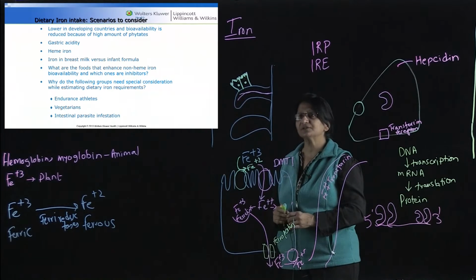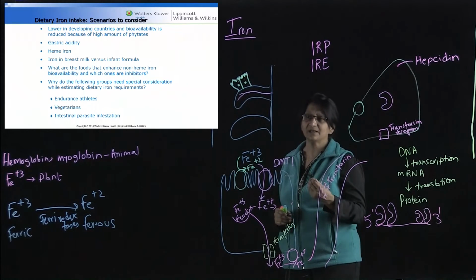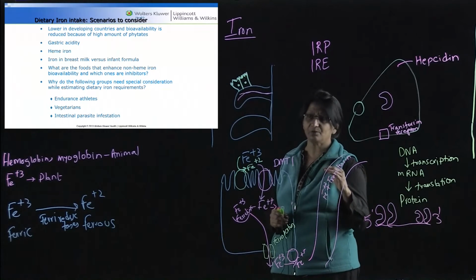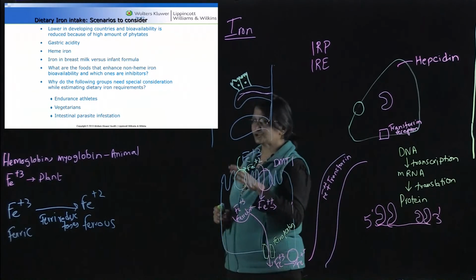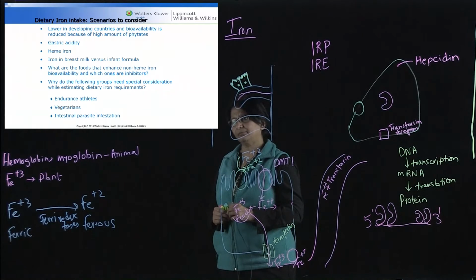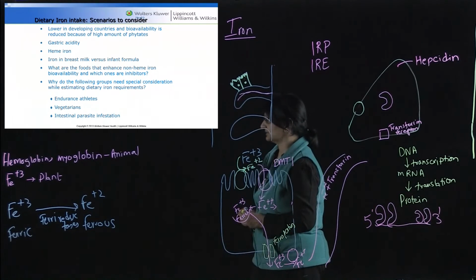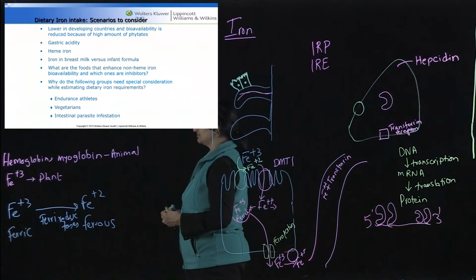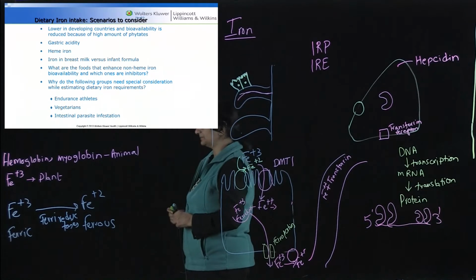So for an exclusively breastfed baby, their intake of iron is kind of on the lower end. However, they have enough stores for a little period of time. But if the baby is fed infant formula, almost all infant formulas are fortified with iron, so they should get enough iron just from drinking the infant formula.